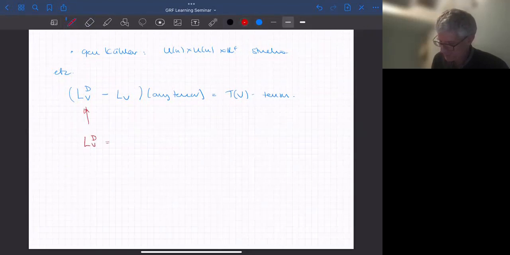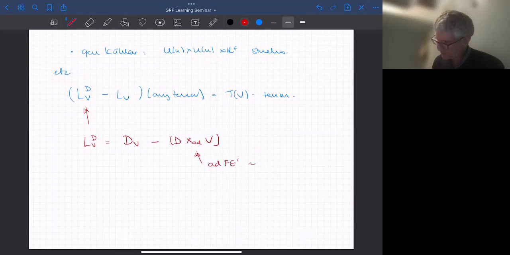By this, what I mean is I take the generalized derivative along V, and then I subtract from that a term where this is some projection onto the adjoint bundle of E prime.